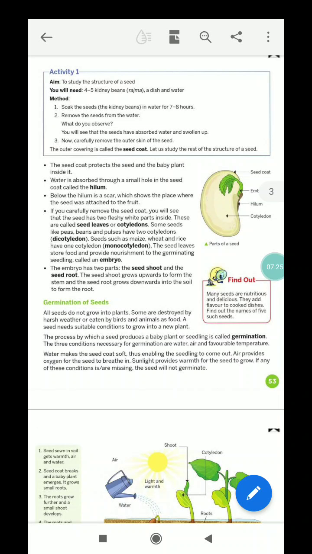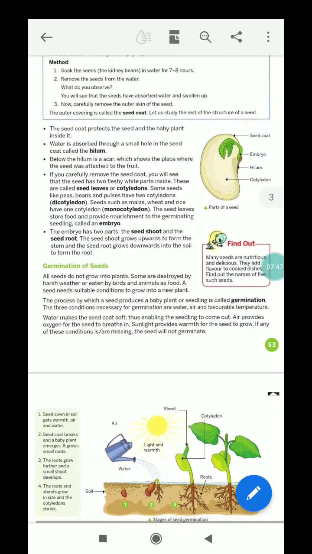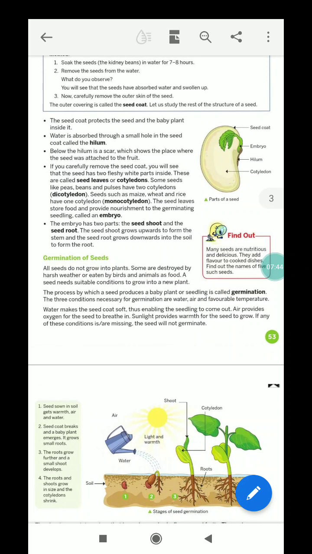The embryo has 2 parts, the seed shoot and the seed root. The seed shoot is the upper part above the soil, and the seed root is below the soil. The shoot grows upward from the stem and the root grows downward into the soil.